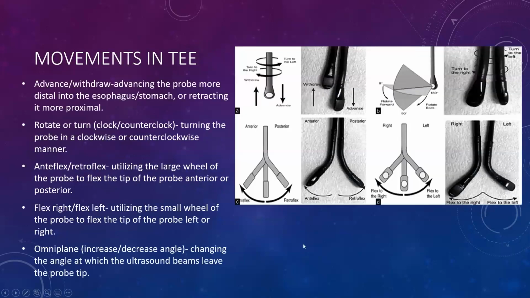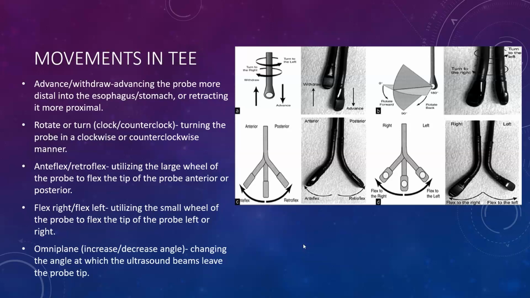So when I talk about movements with the TEE, there's advancing, withdrawing. That seems pretty self-explanatory. Rotating, I'll often call it, turning clockwise, counterclockwise. That's moving the probe itself with your hands and your wrist. Antiflexion and retroflexion. So there's two wheels on the TEE probe.